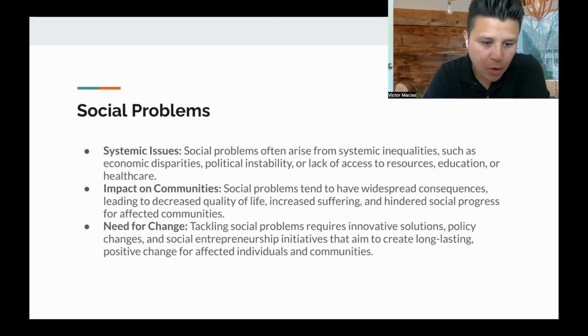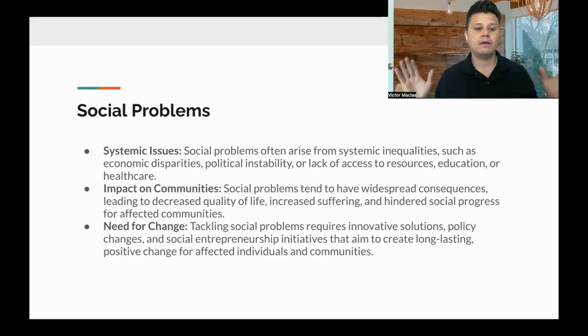Social problems are broken into three buckets. You have systemic issues, which are problems that arise from systemic inequalities, such as economic disparities, political instability, or lack of access to resources, education, or healthcare.